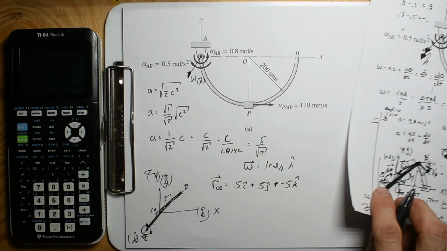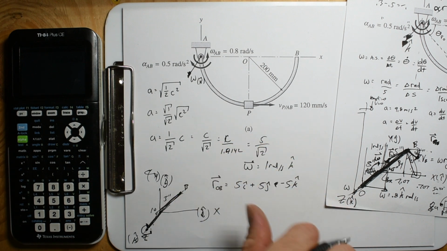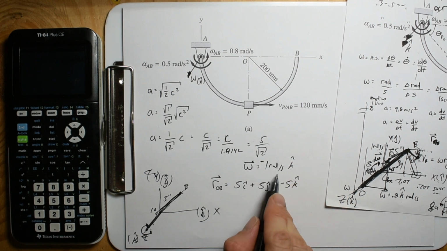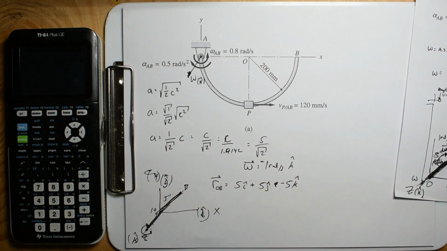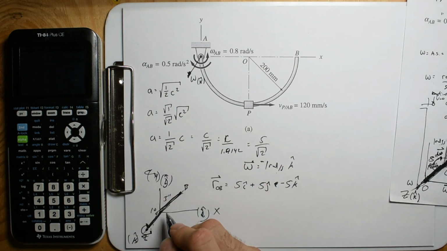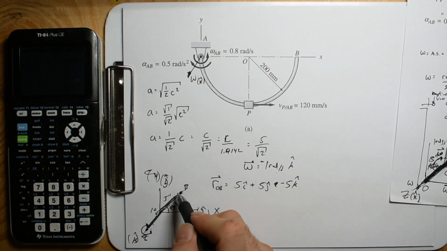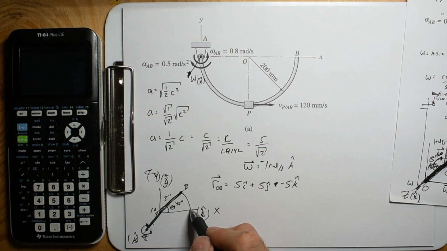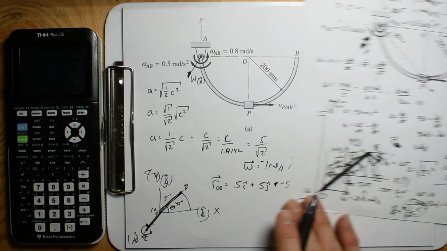Which way are we having this one rotate? I guess we are having this one rotate in the negative k-hat direction. So this one's negative 1 radian per second, because it's rotating this way. If this is our initial angle at a 45-degree angle, it's rotating at 1 radian per second. Cool, we got it.